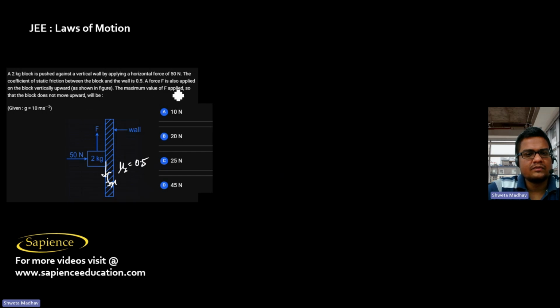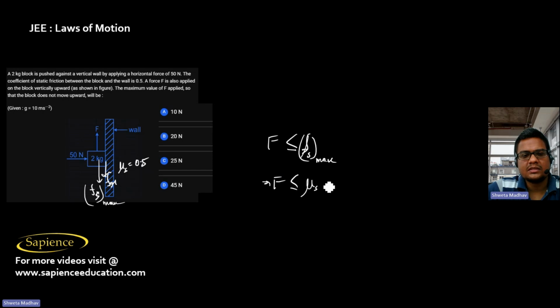The maximum value of F applied so that the block does not move upward will be... it should just balance the static frictional force, Fs max. So F should be less than or equal to mu s times N.